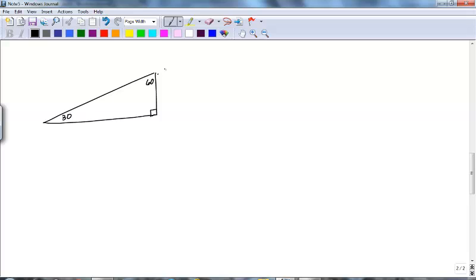Let's say this is 18. The hypotenuse is twice that: 36. The longer leg, and the way you can tell is the longer leg is opposite the bigger angle, is radical 3 times that shorter leg: 18 radical 3.